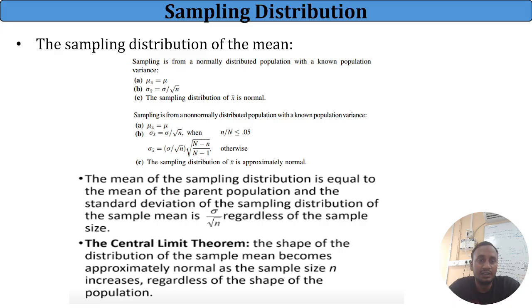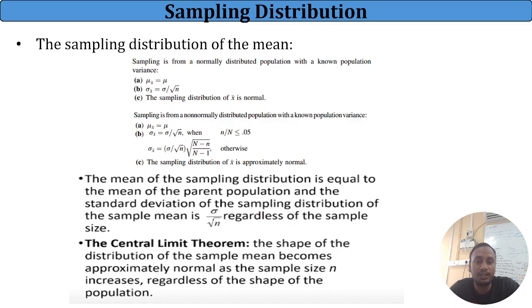The mean of the sampling distribution is equal to the mean of the parent population, and the standard deviation of the sampling distribution of the sample mean is sigma divided by root n, regardless of sample size n.